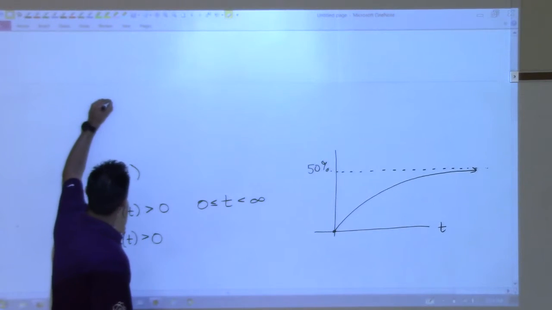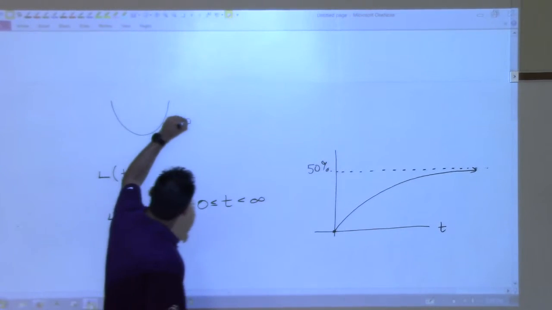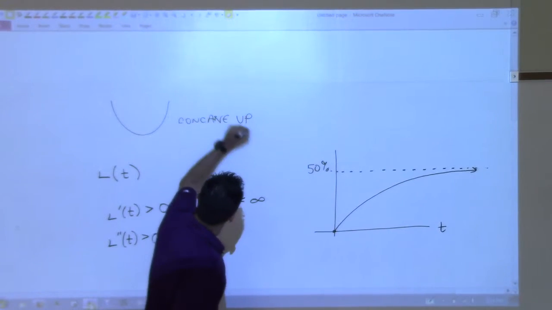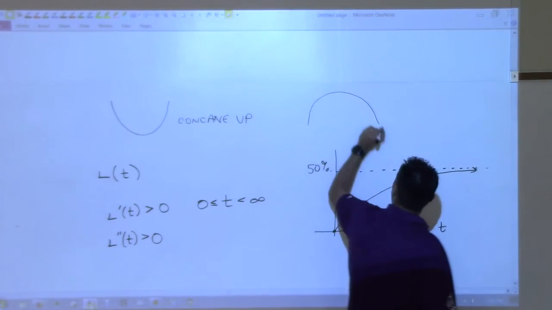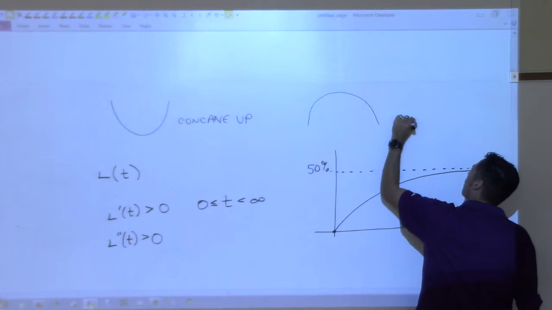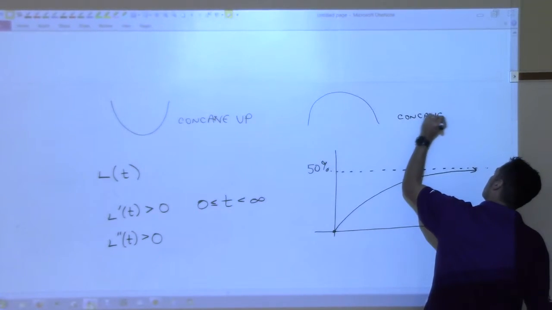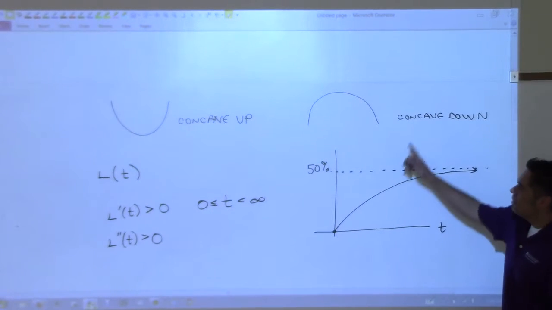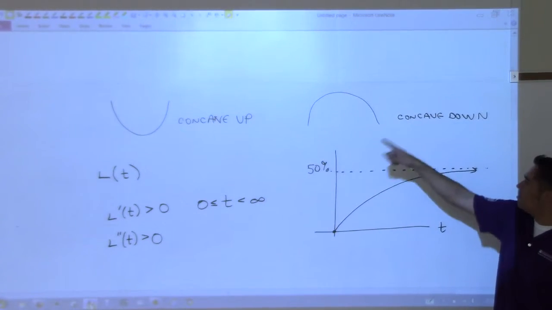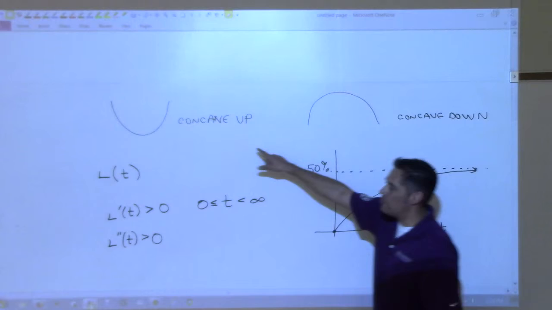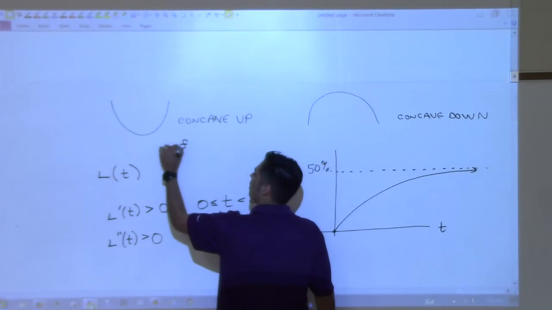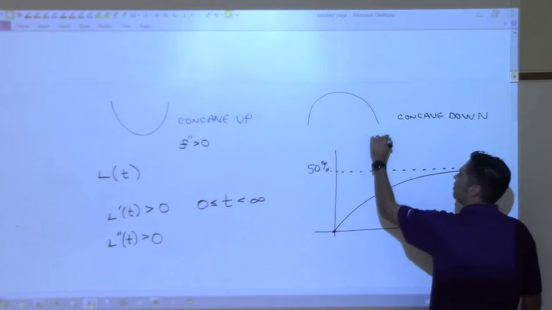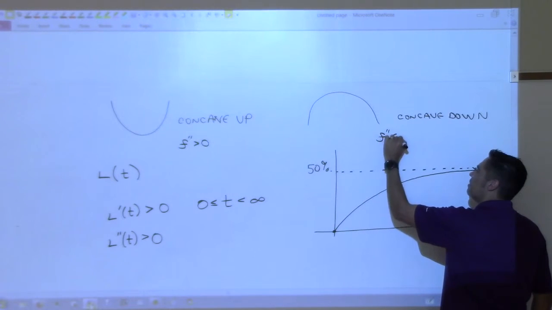It's either what we call concave up, or the shape of your graph is concave down. All right? There's an easy way to tell whether it's one or the other. Concave up happens when your second derivative is positive, and concave down always happens when your second derivative is negative.